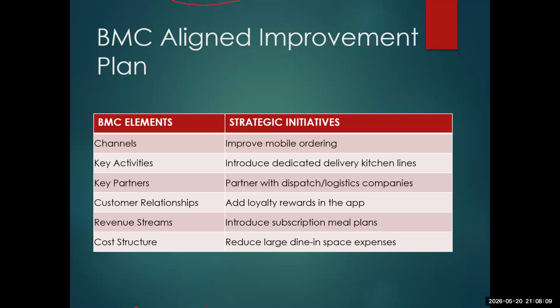Look at what we have here, for example. For BMC elements, I chose randomly 6 building blocks: channels, key activities, key partners, customer relationships, revenue streams, and cost structure. And I said, other channels, let's improve our mobile ordering. How can we work on that? So we sit down, we start taking requirements.